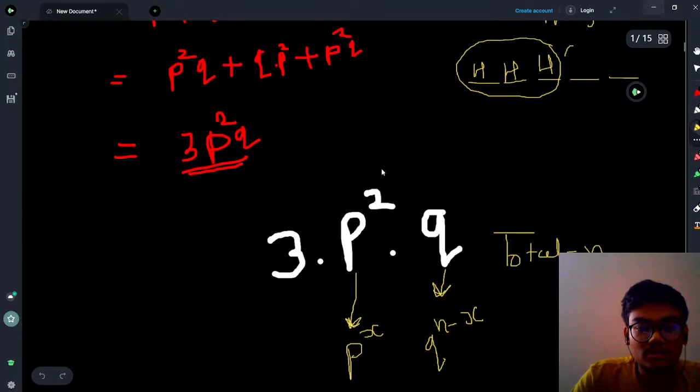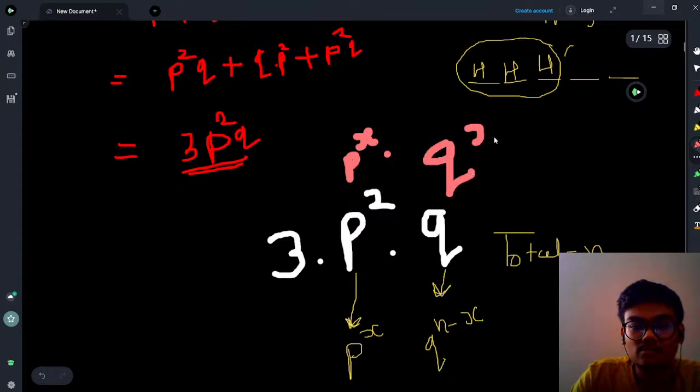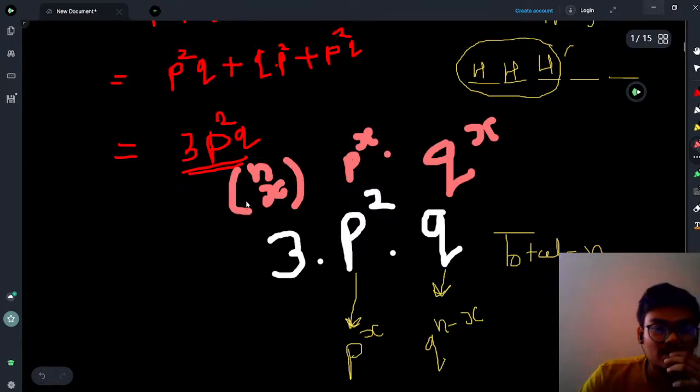Many of you know the formula: P of x equals nCx into p to the x into q to the n minus x. Now what is nCx here? P of x means the probability of getting two heads.